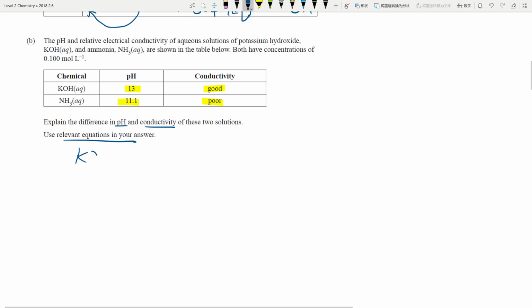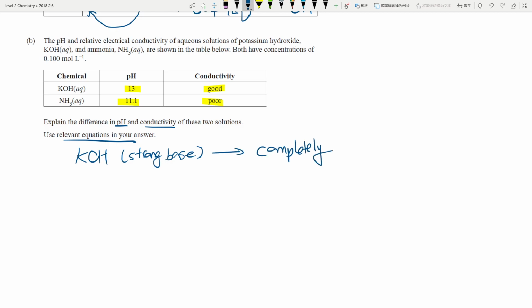So we know KOH must be a strong base because it has a really high pH and it's a really good conductor. So what that means, if it's a strong base, it will completely dissociate into many ions.